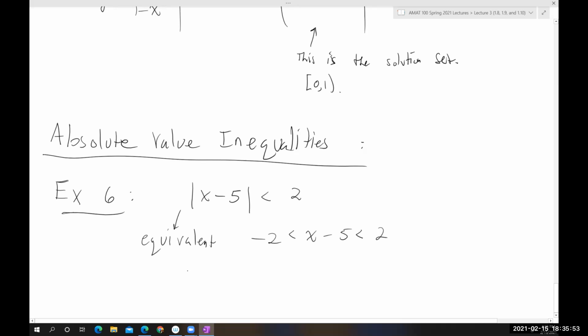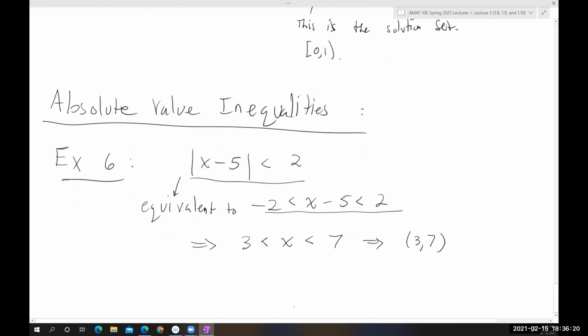So it just reduces to a problem that we've already dealt with. To solve this, you just isolate x. So we add 5 to both sides. If you do that, you get 3 is less than x is less than 7, and the solution set to this will be 3 to 7, and you can plot that.